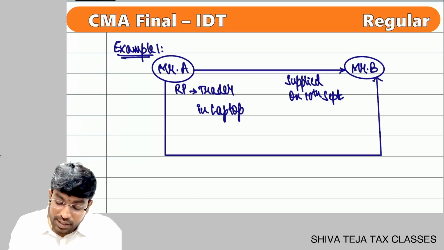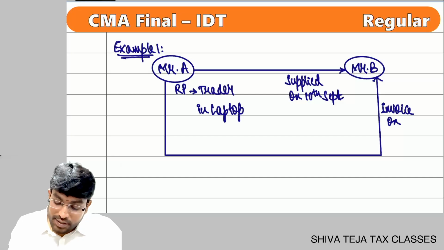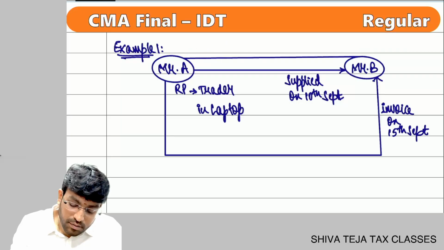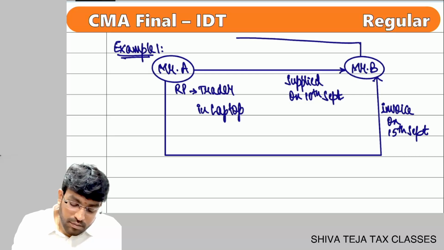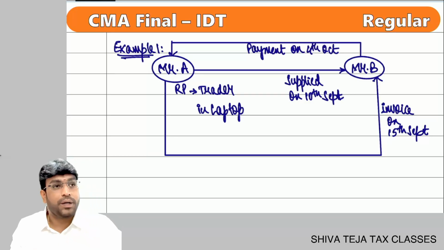And A has given the invoice to B on 15th September. And Mr. B made payment on 4th October.